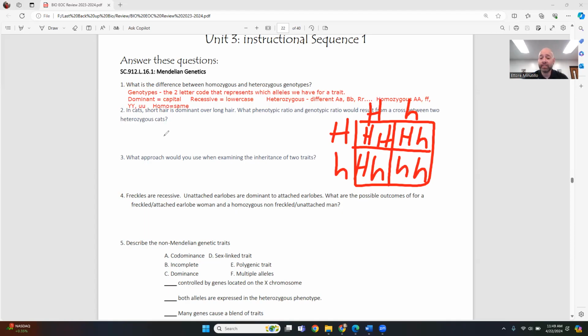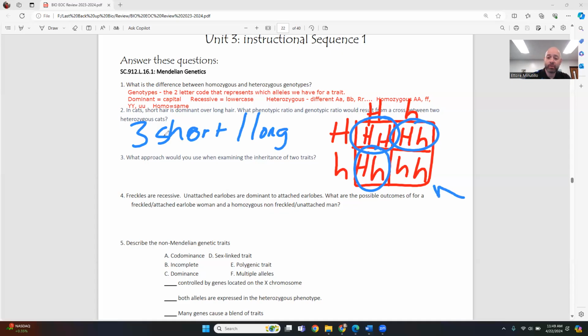I can see from this that I've got three of them that each have at least one capital allele. That tells me that I'm going to have three that are going to have short hair and one that's going to have long hair.